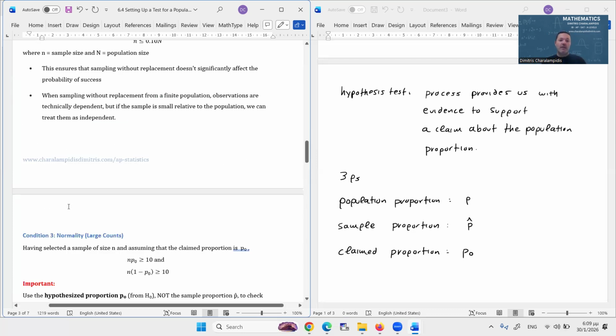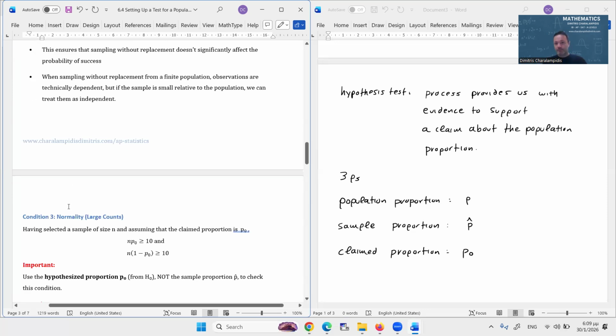And thirdly, it's the normality condition. Once we have selected the sample size, and let that be n, and having assumed a claimed proportion, let's call it p0, we must check that the product of the sample size with the claimed proportion, n times p0, is greater than or equal to 10, and that at the same time the product of the sample size and 1 minus the claimed proportion, n times (1 minus p0), is also greater than or equal to 10.